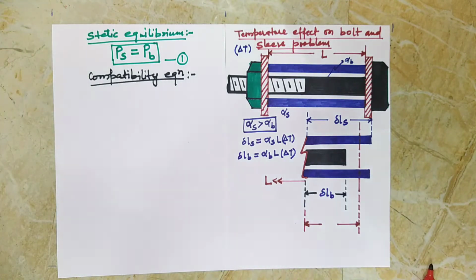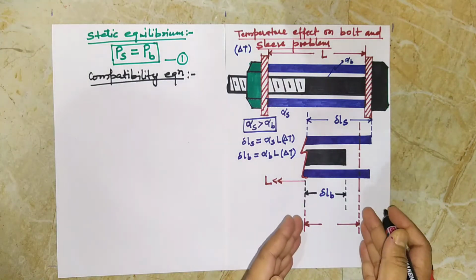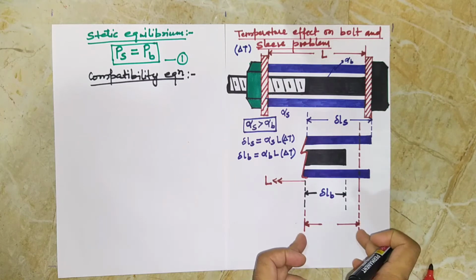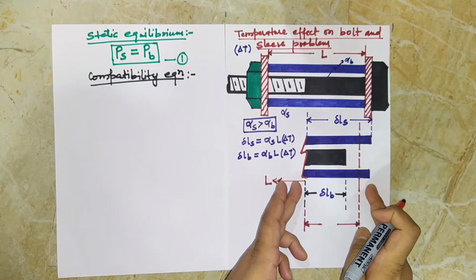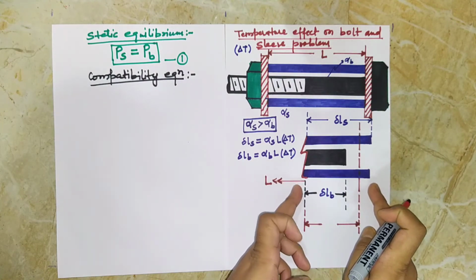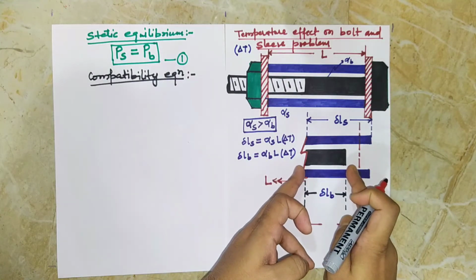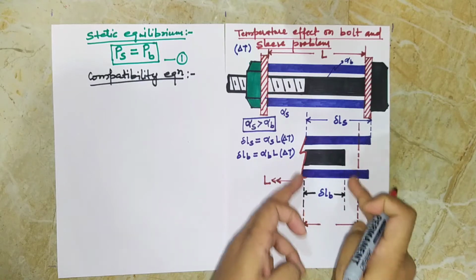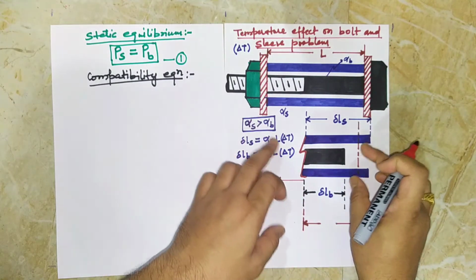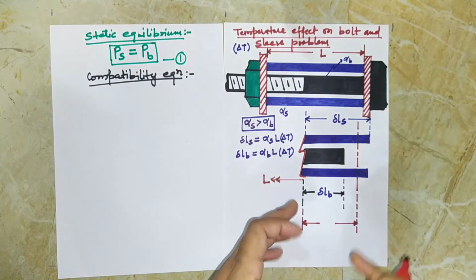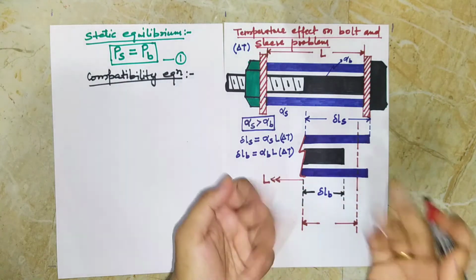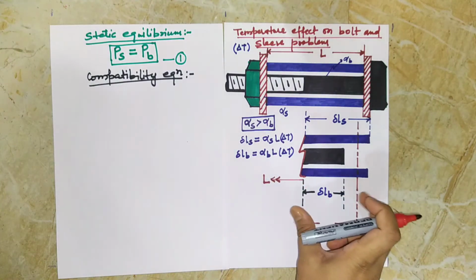Let us closely watch how the compatibility equation will be applied here. When the sleeve is allowed to freely expand, it will expand up to del Ls, and when the bolt is allowed to freely expand, it will expand up to del LB. But since these two are held together by the stoppers, the differential expansion will not happen, and the two will have to expand together.